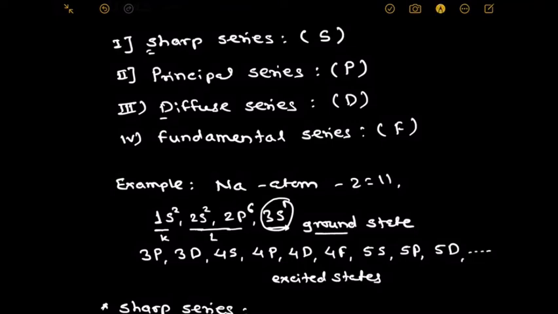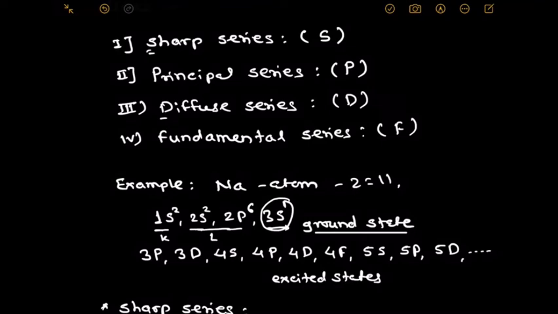That electron always remains in its ground state. Once the electron gains some energy from an external source, it can go from the ground state to higher excited states. And which are the higher excited states? Above the 3s state, all states are excited states.